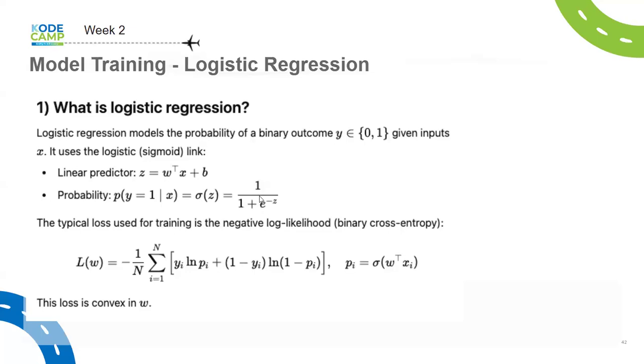I'm not really going to try to explain to you how we arrived at 1 over 1 plus e raised to the power minus z. I have a Jupyter notebook I will use to show you how the curve looks like and why it is used, right? But note that the z that is used as the negative exponent of this e is the same z, the value you get when you have done this first linear prediction.